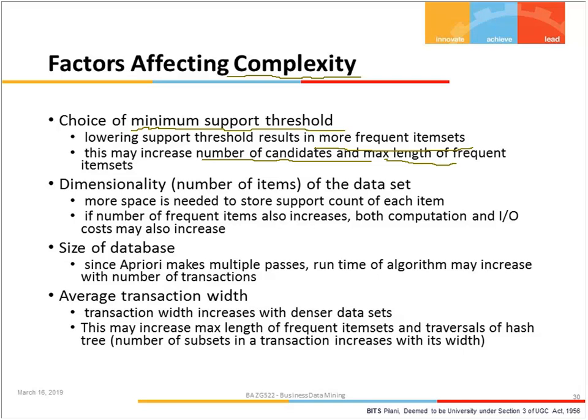So some of the considerations are like this. How do you choose the minimum support threshold? Then the dimensionality of the data set. If we have more items, we need more space in the memory to store the support count, because main memory is the place from which the computer does most of the processing.